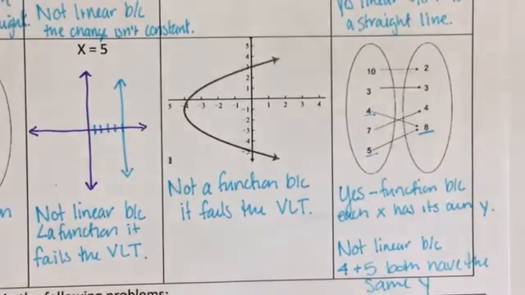Well, if you were picturing this on a graph and you graphed it, it would make your graph kind of come up, so it would be off the line. So it works for a function, but it's not linear.